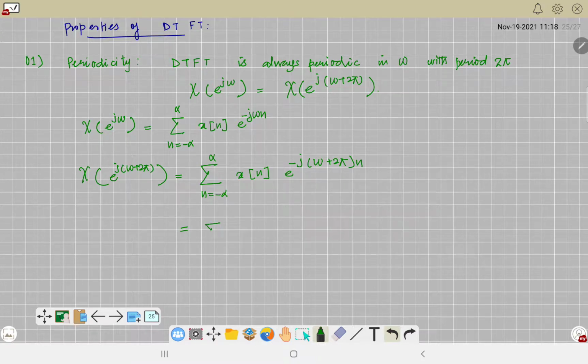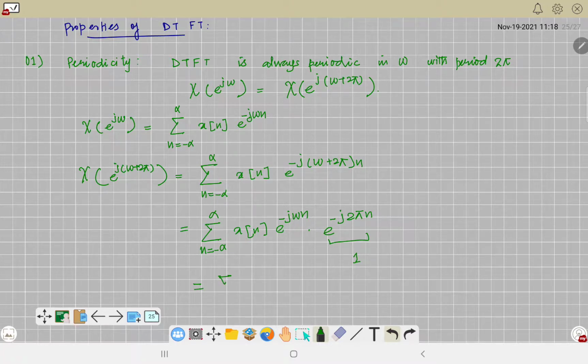Then if you expand it, x[n] e raised to the power minus j omega n into e raised to the power minus j 2 pi n. Now this term is always unity. You can use Euler's relation, and it will turn out to be unity.